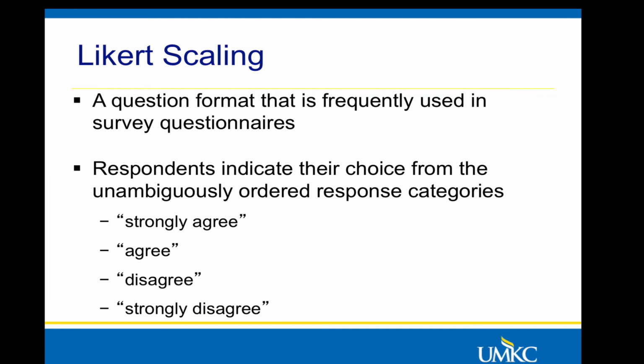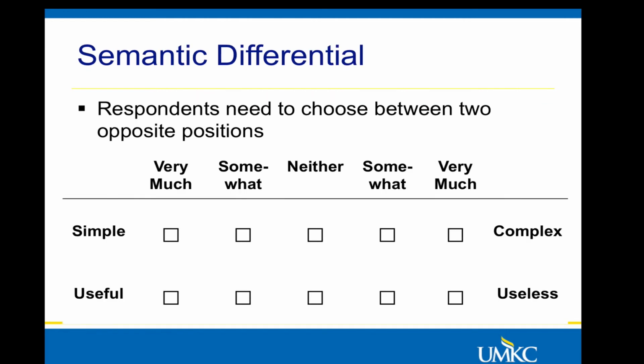Be sure when constructing Likert scales that your adjectives and verbs match the subject matter. Don't use agree and disagree when you are interested in measuring a degree of difficulty, for example, in which case you might say very difficult or difficult and easy or very easy.